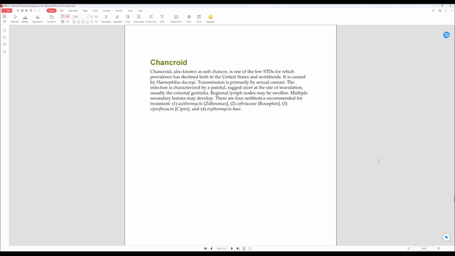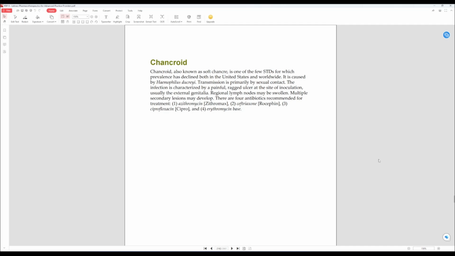Chancroid. Chancroid is also known as soft chancre and is one of the few STDs for which prevalence has declined both in the US as well as worldwide. It's caused by Haemophilus ducreyi. Transmission is primarily through sexual contact. The infection is characterized by a painful, ragged ulcer at the site of inoculation, usually the external genitalia.